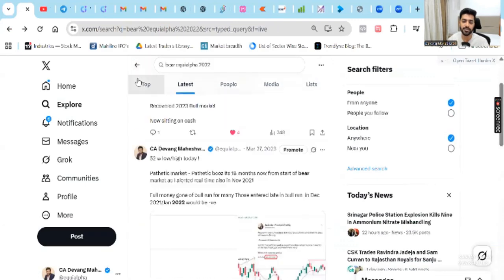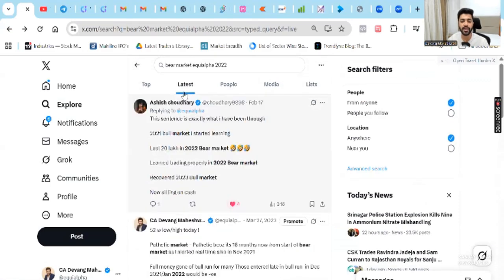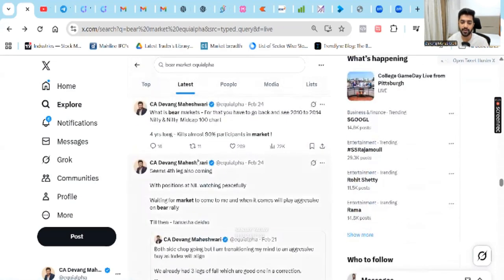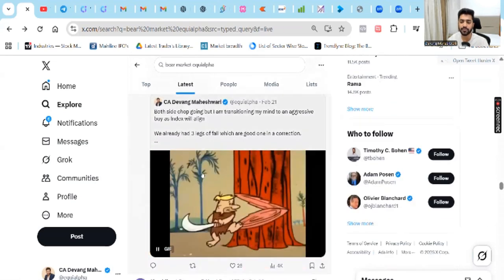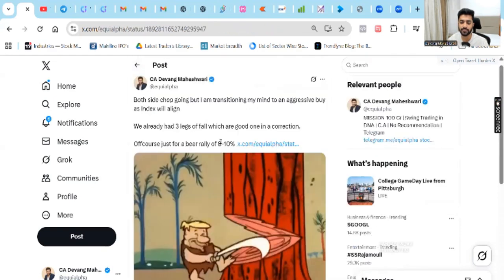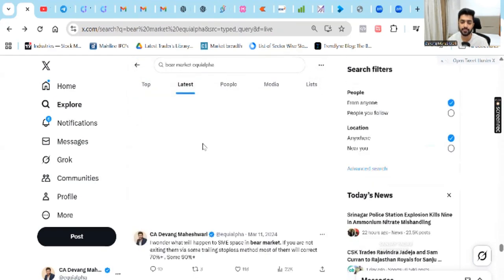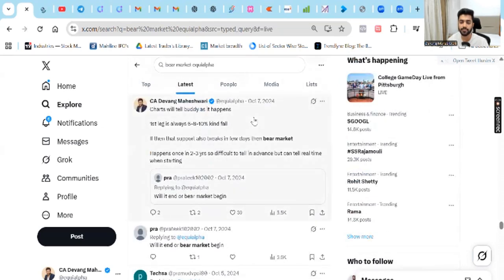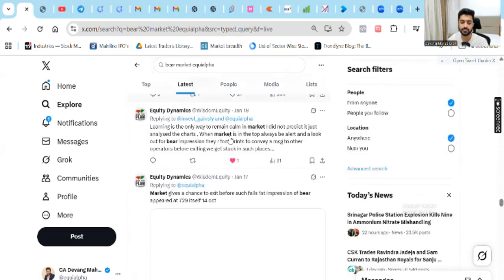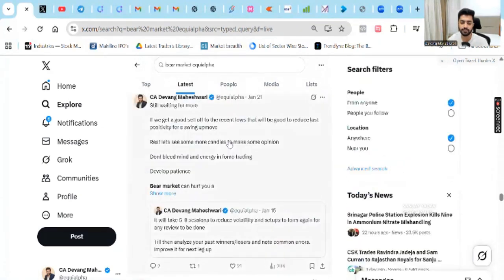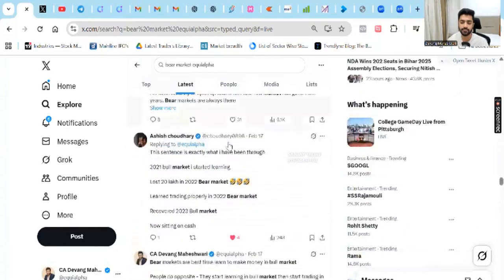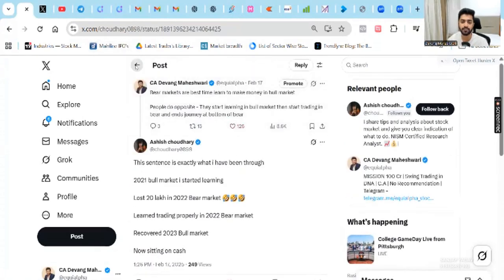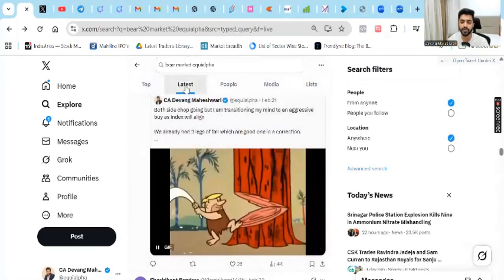That in January, this one, 2000. In the last 3 times I was right in a bear market. I'm not able to find it, but this January 2025, where is it?